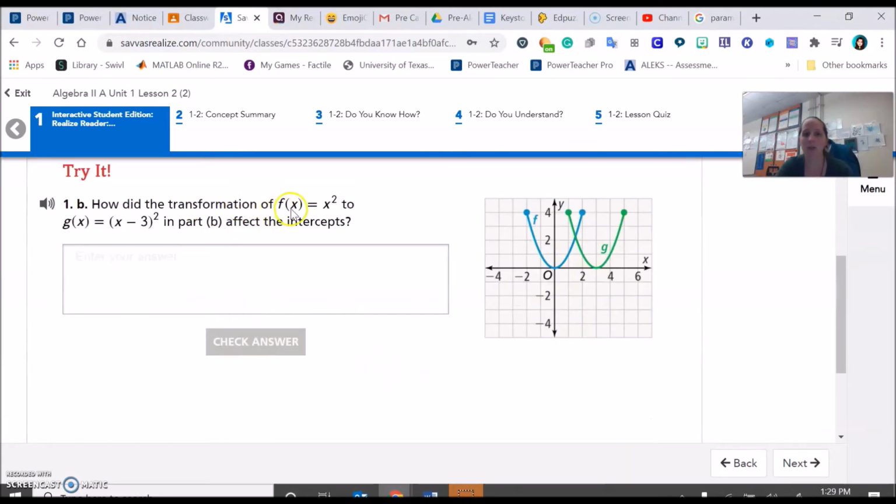1b, how did the transformation of f of x equals x squared to g of x equals x minus 3 squared in part B affect the intercepts? So looking at this, f of x crosses at the origin, while g of x touches the x-axis at 3, positive 3.